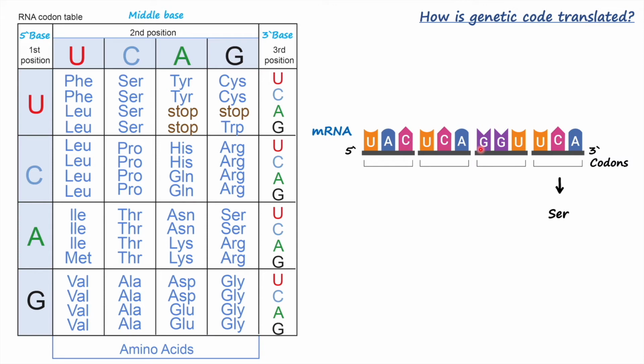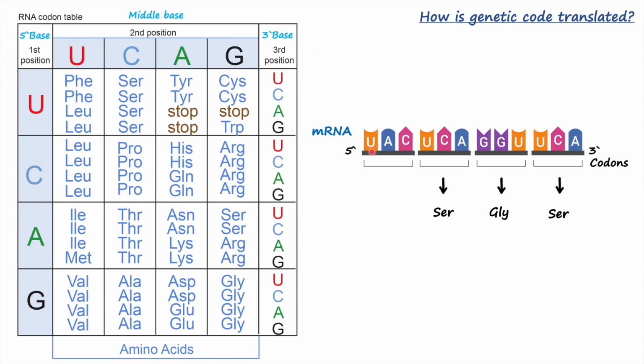So the second one is GGU. G, then the middle base is G, and the last base is U, so that is glycine. Now once again, UCA. The first base is U, the second base is C, and the last base is A. So that is serine.